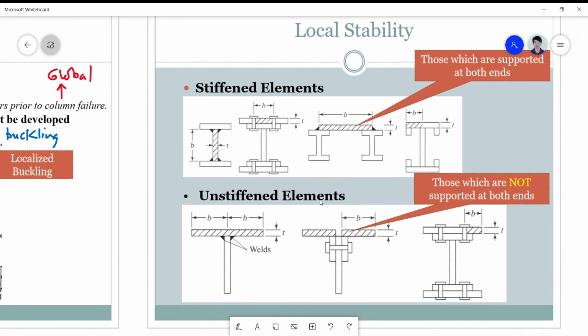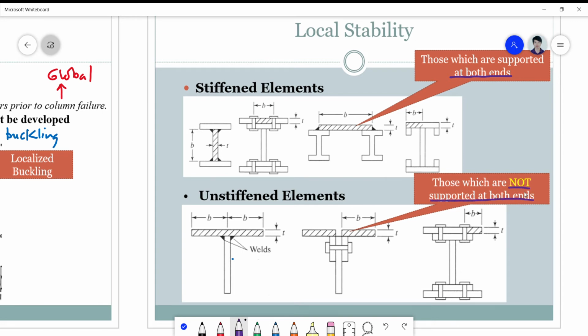So there are two types of elements involved in local stability. We have the stiffened and the unstiffened elements. The stiffened elements are those which are supported, no? At both ends, and the unstiffened elements are those which are not supported at both ends.